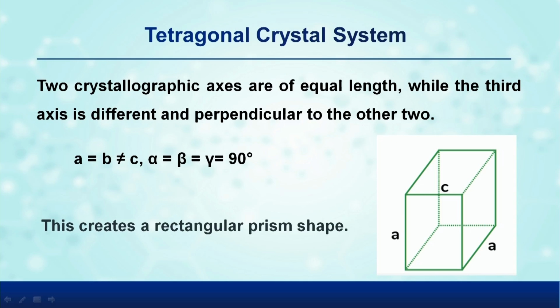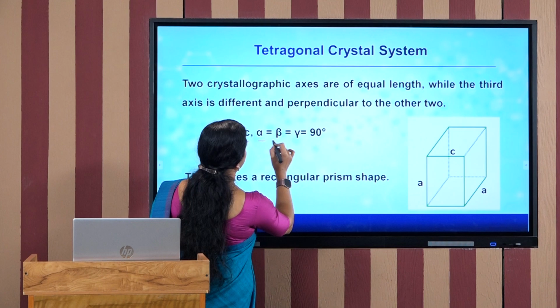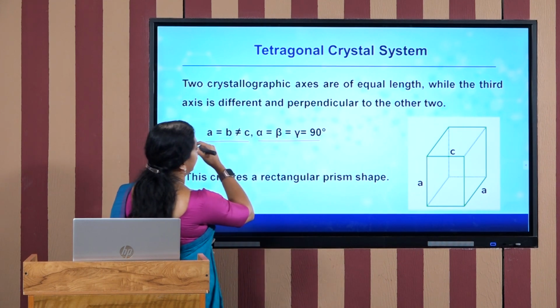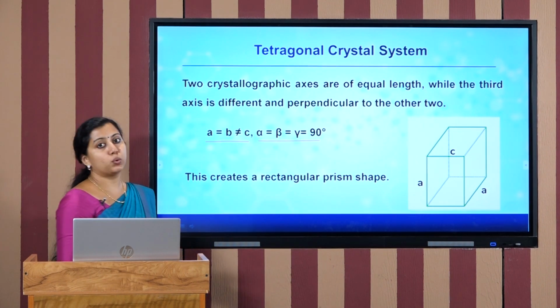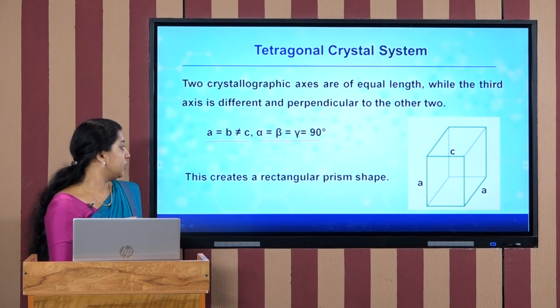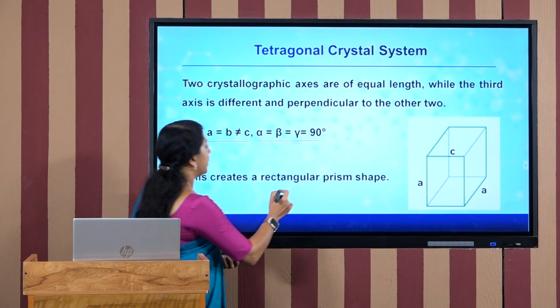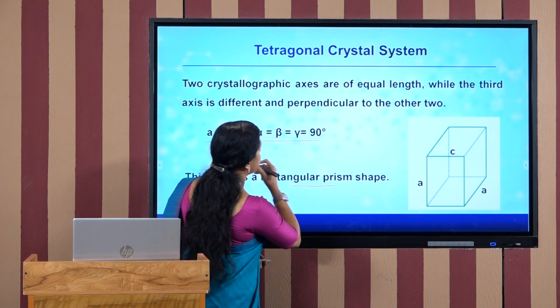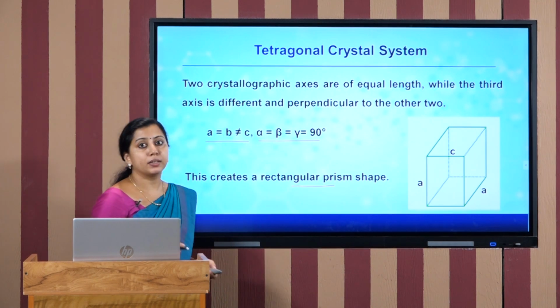So, we can represent the parameters as A equals B not equal to C. 2 sides are equal, but it is not equal to the third side. Then the axial angles, they are right angles, that is alpha equals beta equals gamma equals 90 degree. So, this creates a rectangular prism shape for a tetragonal crystal system.